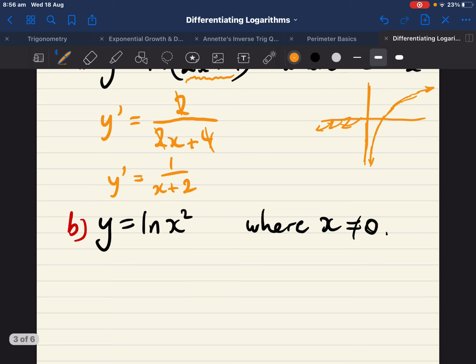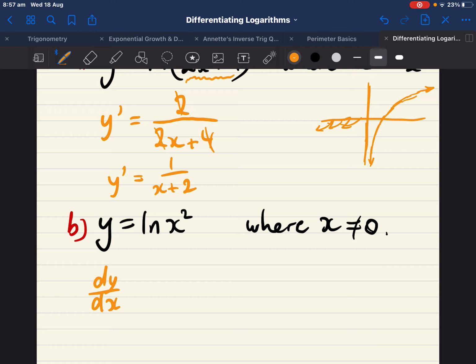All right, let's see this again with another one. This time we want to differentiate the function log of x squared. Again, we don't want the log to be 0 or negative. We don't need to worry about the negatives because x has been squared, but x cannot equal 0 in this scenario. Okay, so how do we differentiate? This time I'll use the other, more formal notation of differentiating.